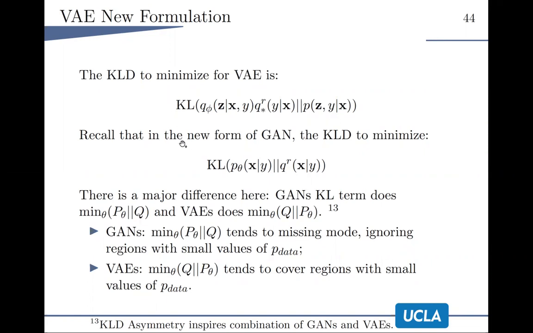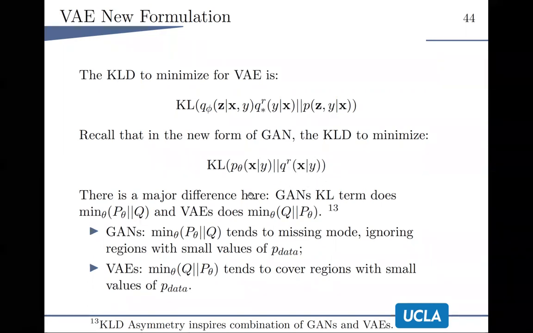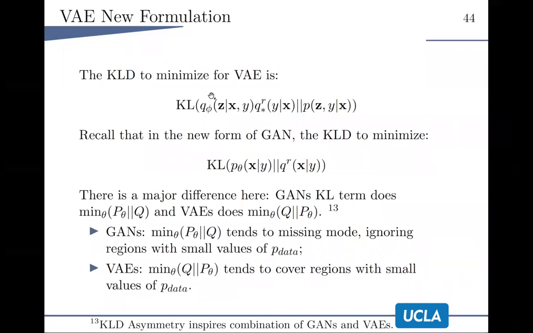And recall that in the new format of GAN, the KL divergence to minimize this term is the P theta over the Q reversed X, Y. So in a way, although they are really similar, they are somewhat reversed.